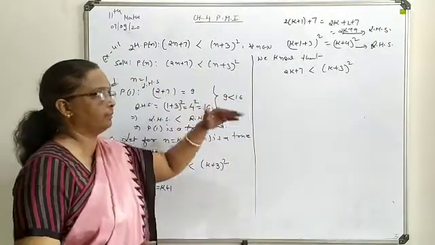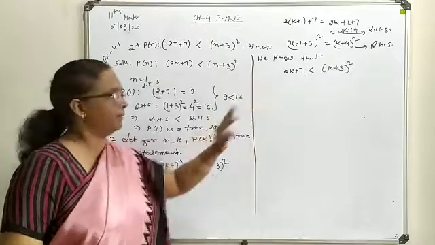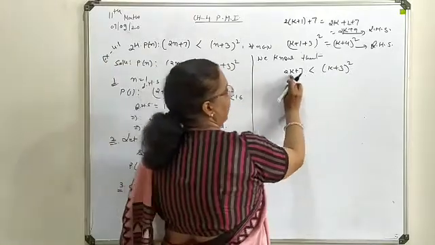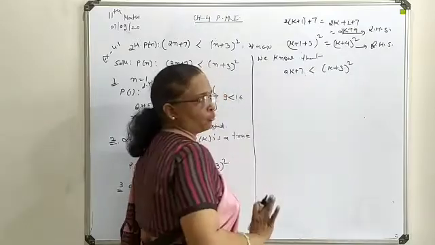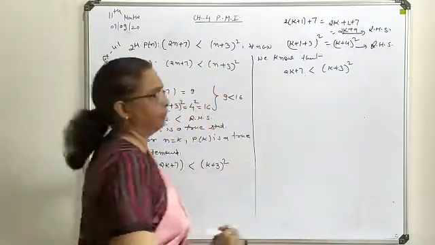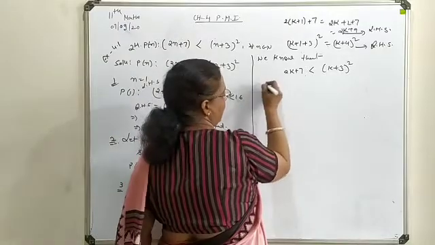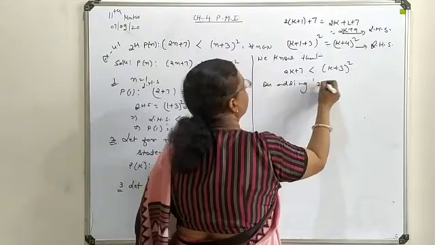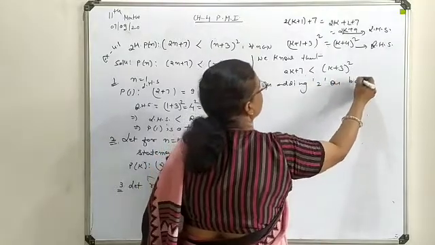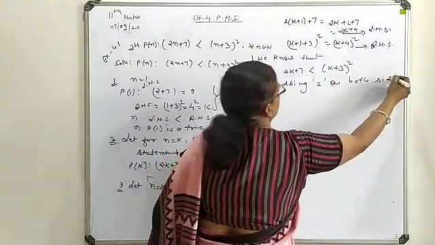Now the same thing we have to generate on both sides. First of all, 2k plus 9 we require over here. So add 2 on both sides from our side.